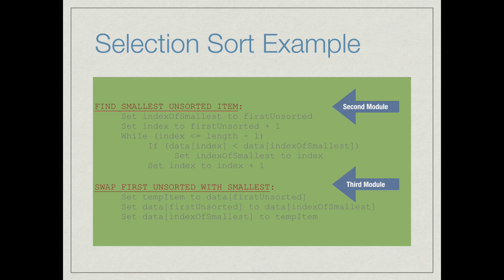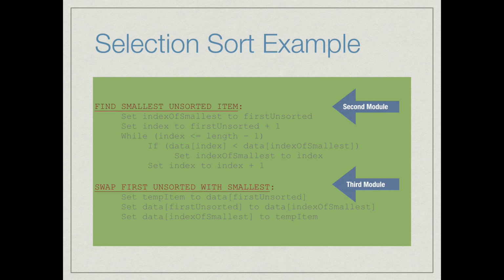So what happens here, and this is a common general purpose little mini algorithm, when you want to swap values, you must have a third temporary storage location to hold one of the values before they can be actually swapped. You can't just set data first unsorted equals data index of smallest and vice versa. Otherwise, you're going to overwrite one of them.